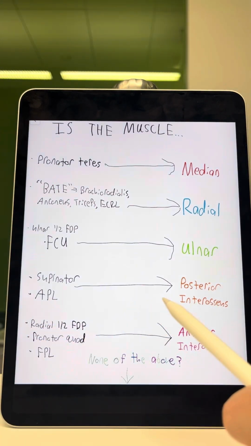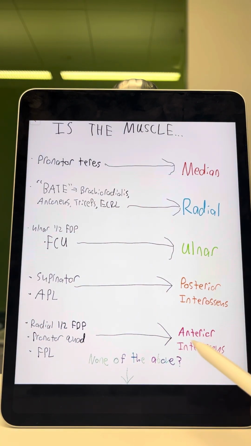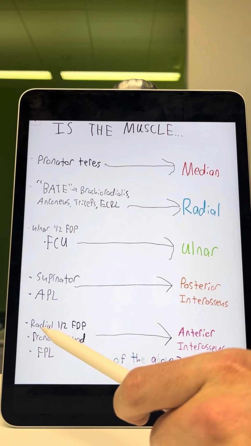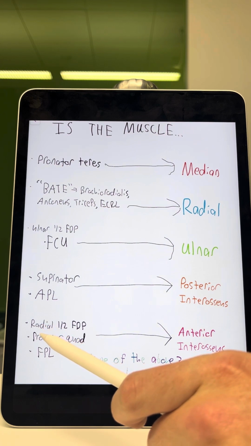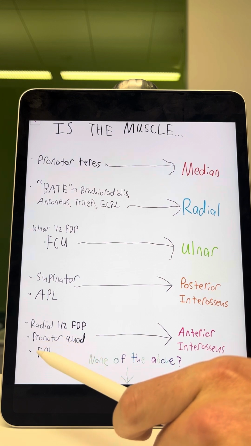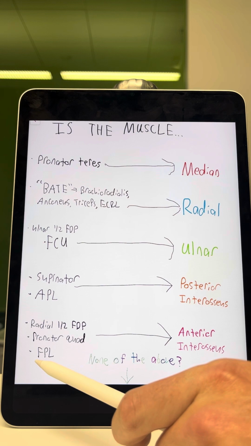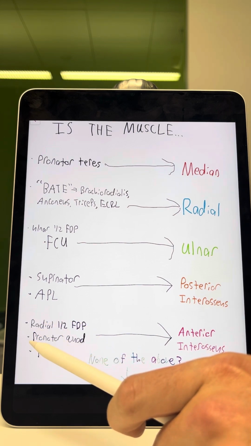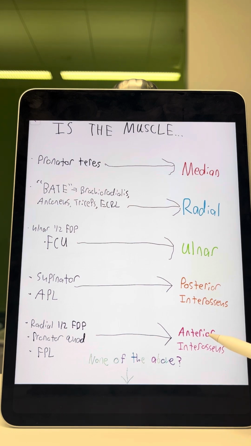There's also the anterior interosseous, which is a branch of the median nerve, which innervates the lateral or the radial half of the flexor digitorum profundus, the pronator quadratus, and the flexor pollicis longus. So just commit these to memory for anterior interosseous and remember that it's a branch of the median nerve.